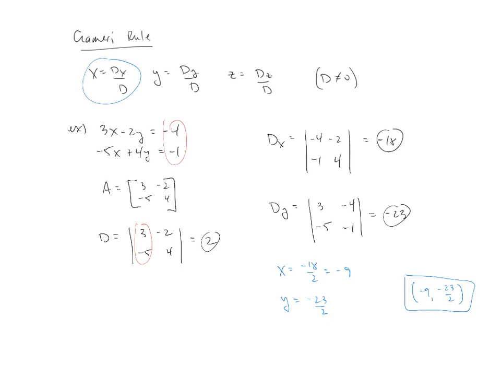Now, I mentioned before, all of this only works provided D is not 0. If you find out that D is 0, that actually implies that matrix A is not invertible. So if D is 0, matrix A is not invertible.